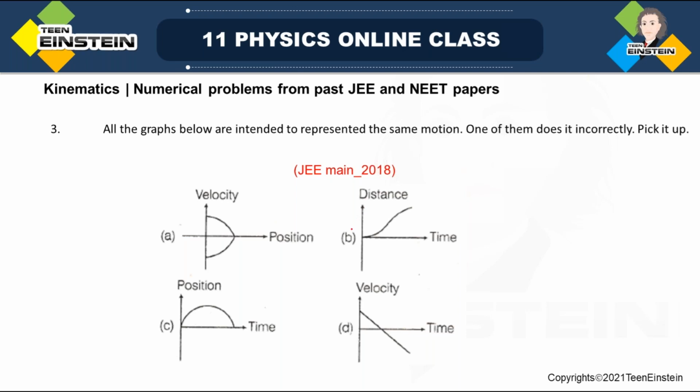Do you have any idea? Okay, let's see what is the nature of this curve over here. You can see in option A, the velocity at the beginning, when the position was 0, was maximum. Then velocity decreases and it comes to 0 again here.